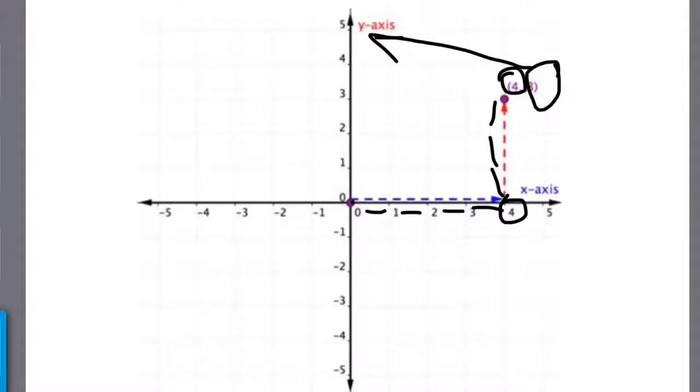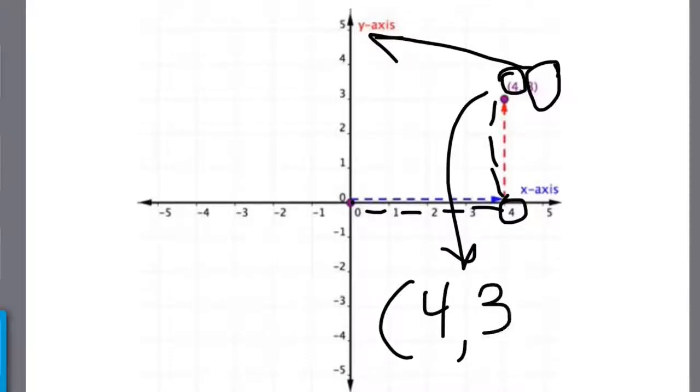So the ordered pair for this point is (4, 3). Remember, you always go left or right first and then go up or down, because the first number in your ordered pair is your x value. And your x-axis is your horizontal number line, which is left and right. And your y is second, and it's up and down because it's your vertical number line.